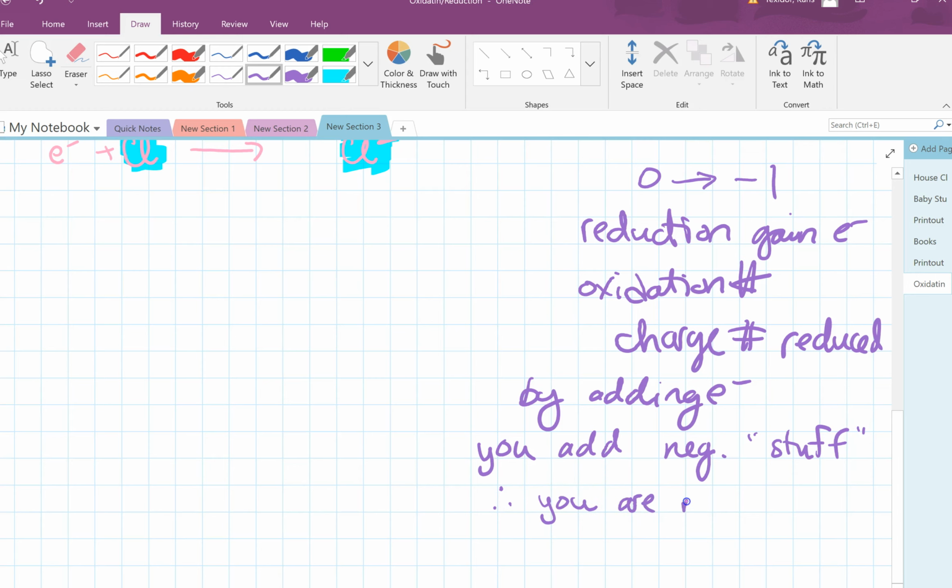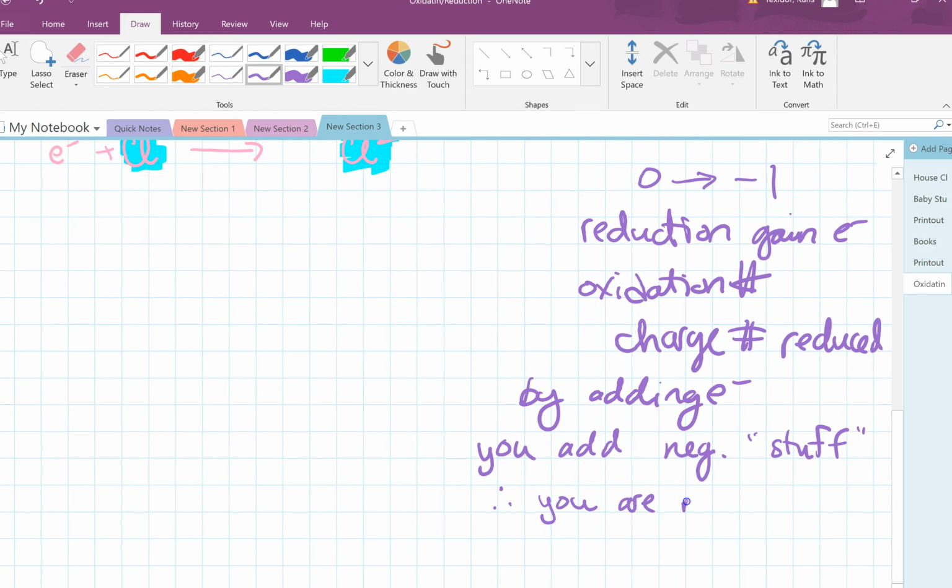Outside of that, those are your little mnemonics, but to understand why it happens, and some of those kids need to understand why, because the words are confusing, but it's all about the number, the charge is being reduced and going from 0 to a -1, or it could be a +1 going down to a 0.